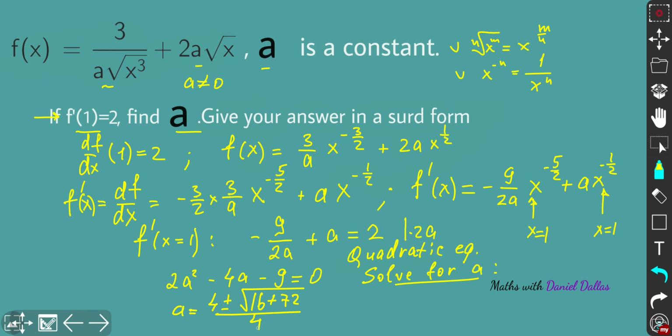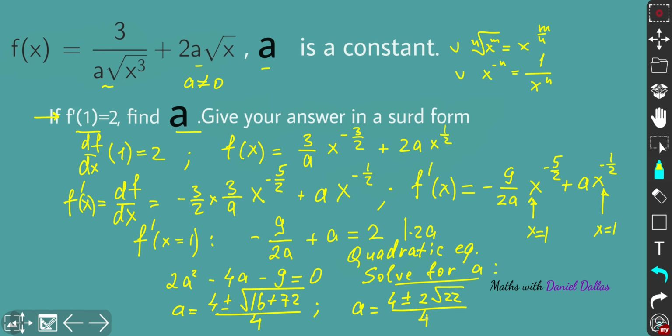If not, just go to a reference for GCSE on how to use the quadratic formula if you forget this. Okay, a from here will get 4 plus minus, and 16 plus 72 will give us 88, and the square root of 88 we can simplify even more, 2 square root of 22 and over 4.